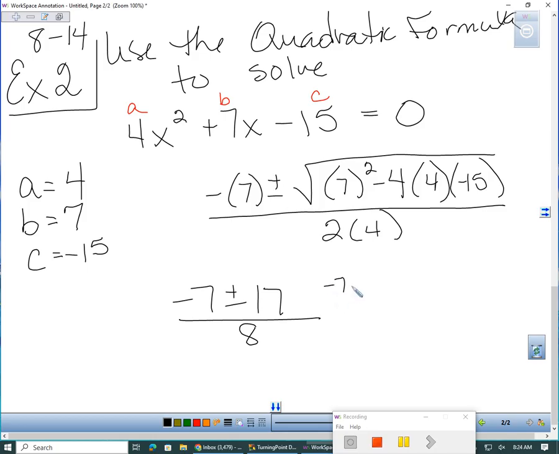Negative 7 plus 17 is 10. 10 divided by 8 is 5 over 4. Then I do negative 7 minus 17 divided by 8. Negative 7 minus 17 is negative 24. Divided by 8 is negative 3.